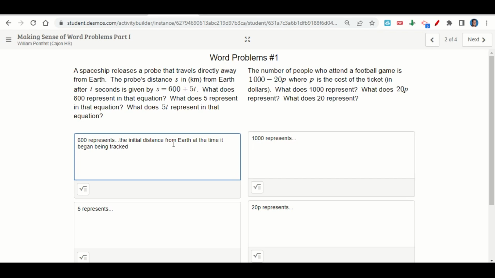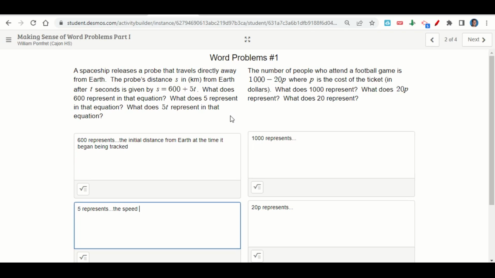Okay, so that's our initial distance. Now 5 represents how fast it's moving, so the speed of the spaceship. And then 5t represents the distance that it's covered in a certain amount of time. So that's what you would state there.